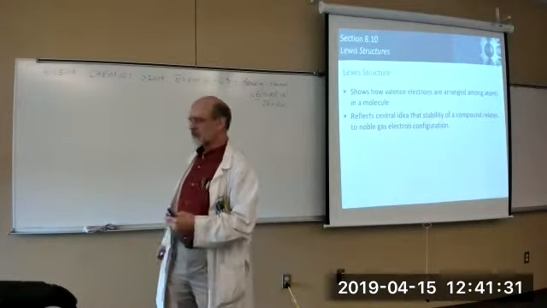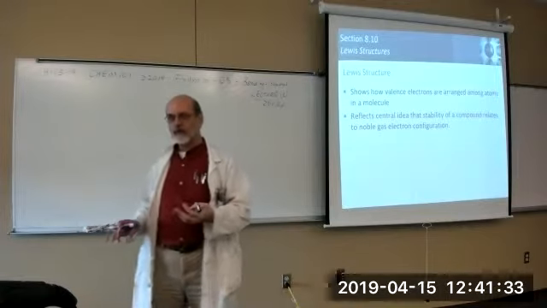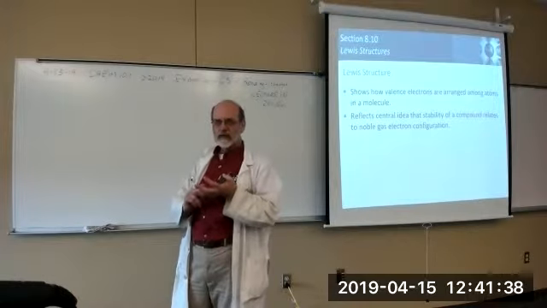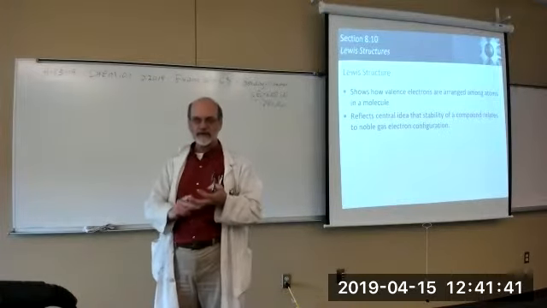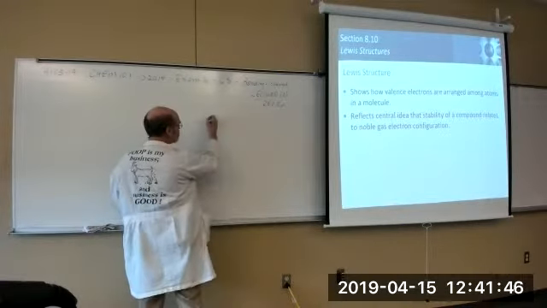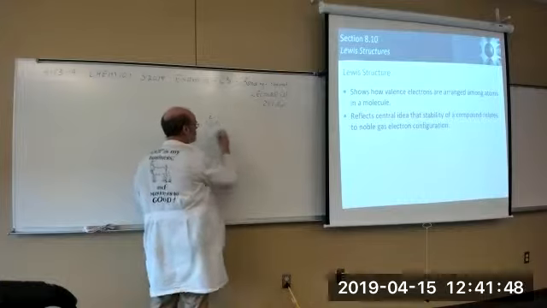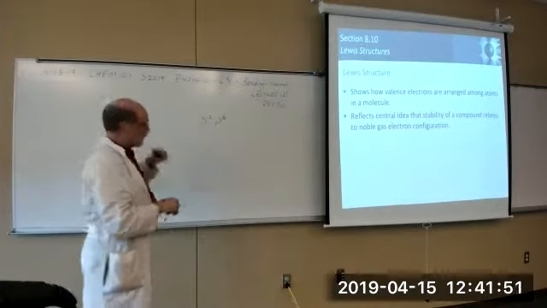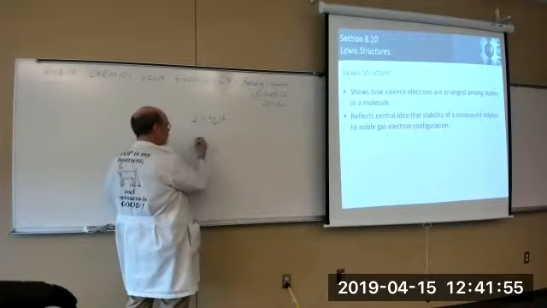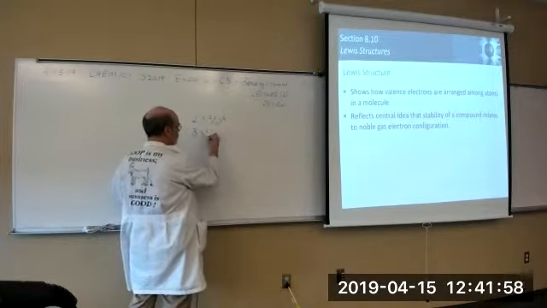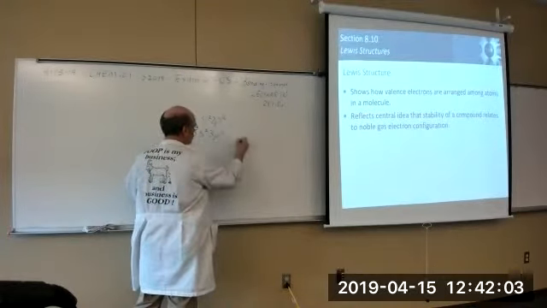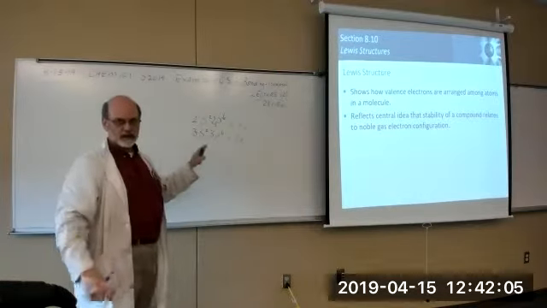The Octet Rule just says that the ideal situation for an atom, particularly in the second and third period, is to have 8 electrons in its valence shell. And 8 electrons means 2 in the s orbital and 6 in the p orbital. So if you're in the second period, that'll be 2s and 2p. If you're in the third period, it'll be 3s and 3p. But still, you have 8 electrons in either one. That's where the octet comes from.